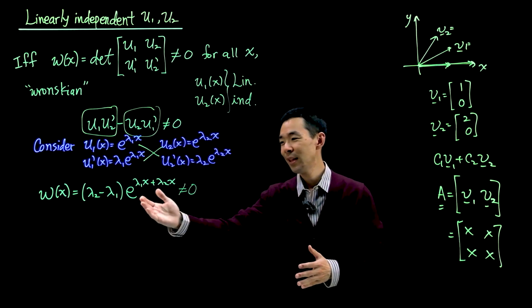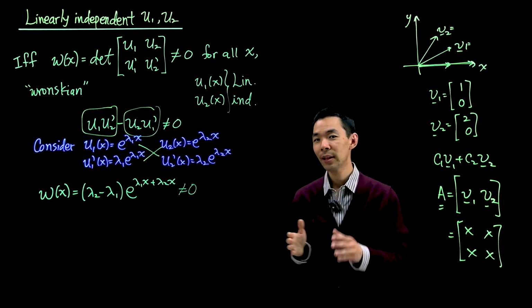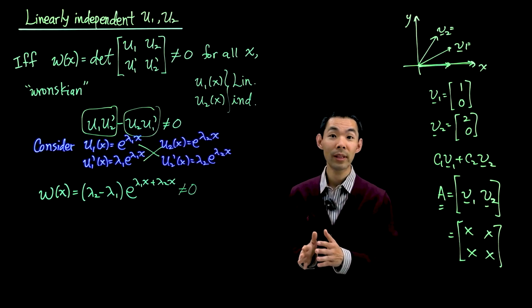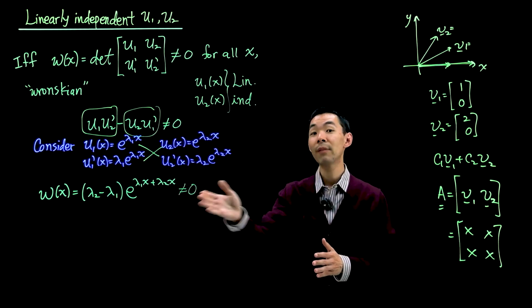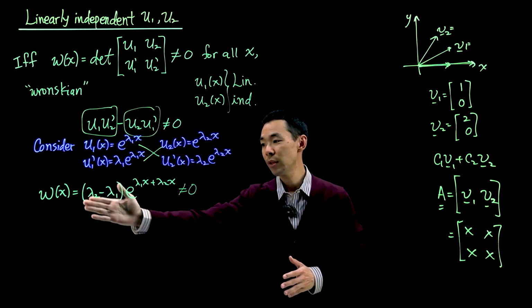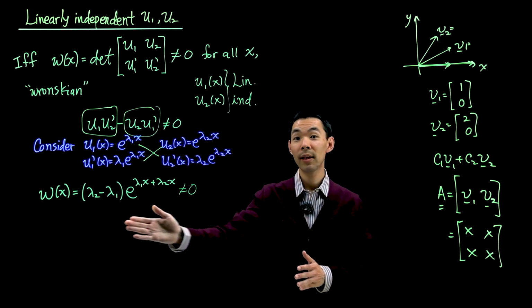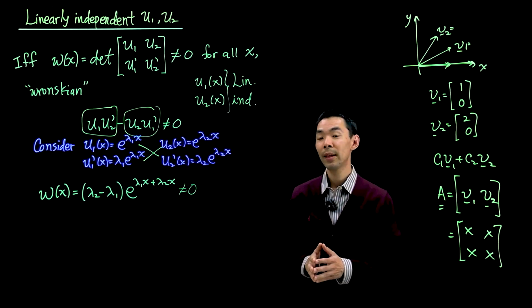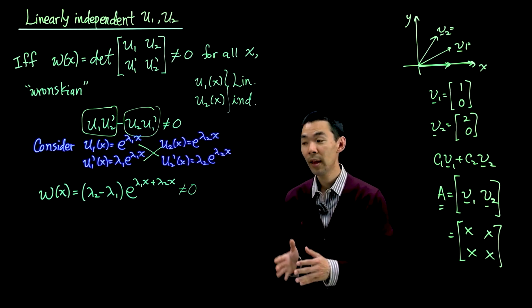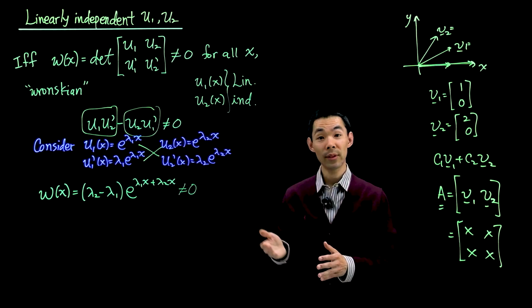Now, an exponential function cannot be 0. For all x, for any value of lambda 1 and lambda 2, this exponential can never be 0. So we're fine on the second term. The main question is this first term in the parenthesis, lambda 2 minus lambda 1. Now, if lambda 1 and lambda 2 are the same, then this would be equal to 0.